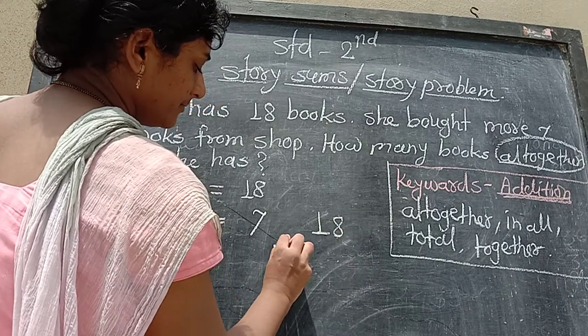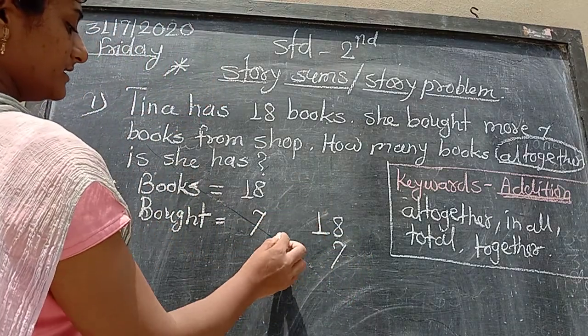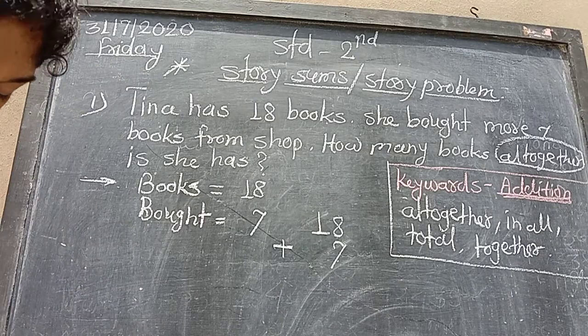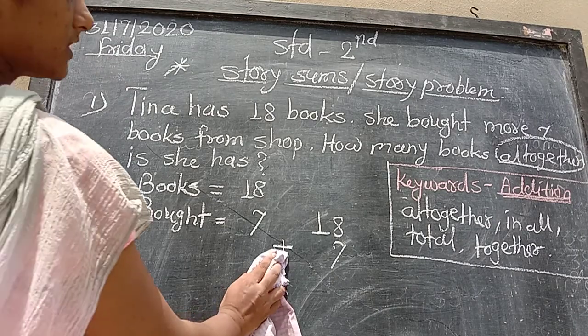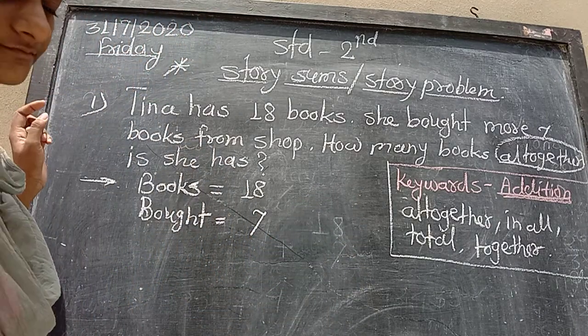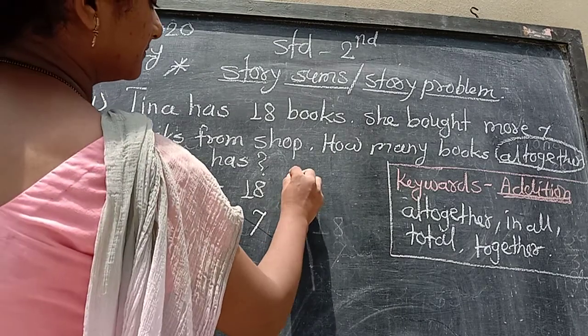18 plus 7. Otherwise, make the column also, students, if you can't solve it directly.